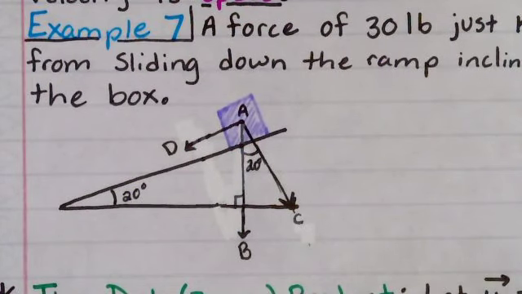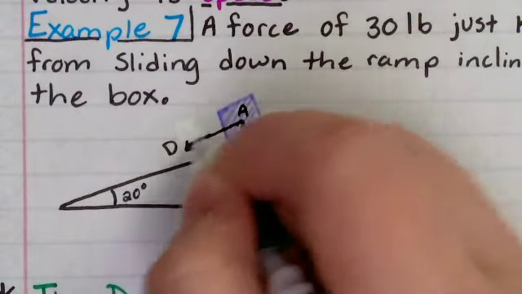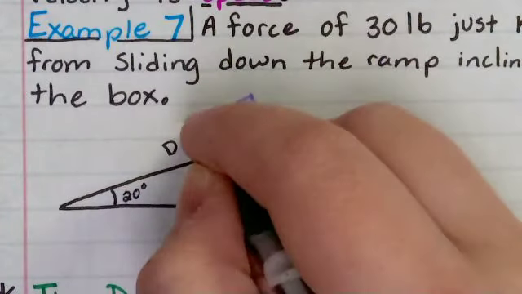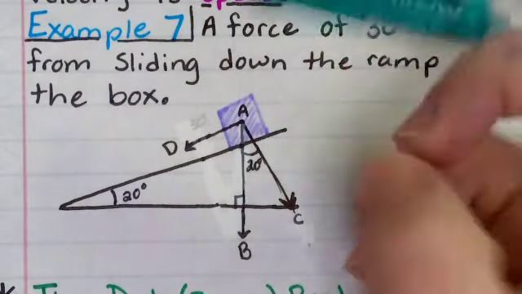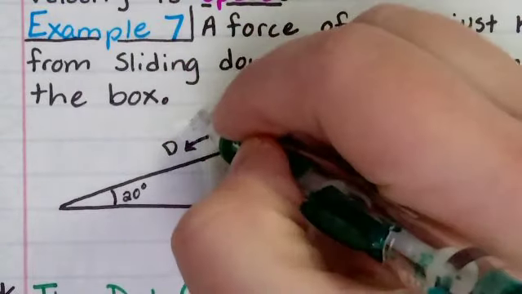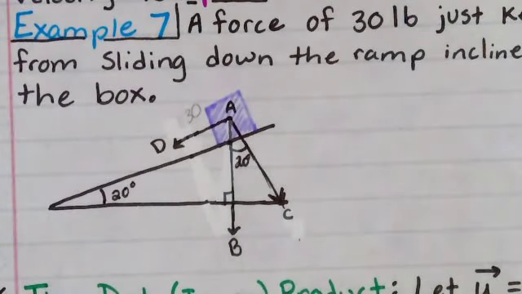So what we can say is that this force that we have going on right here for the box going down the ramp, that's 30 for that magnitude. Okay, so I know that that's marked really light. Ooh, I had some white out on here and that's not wanting to go away.